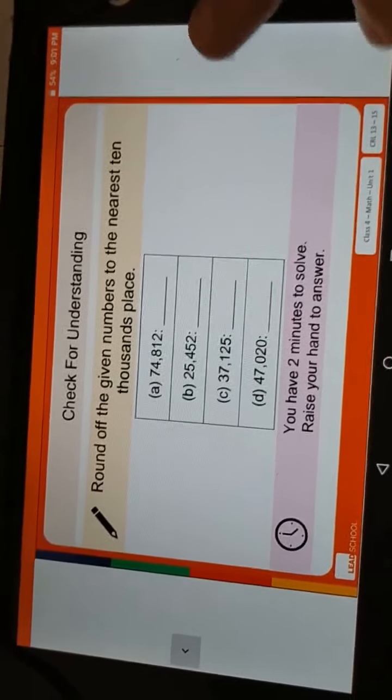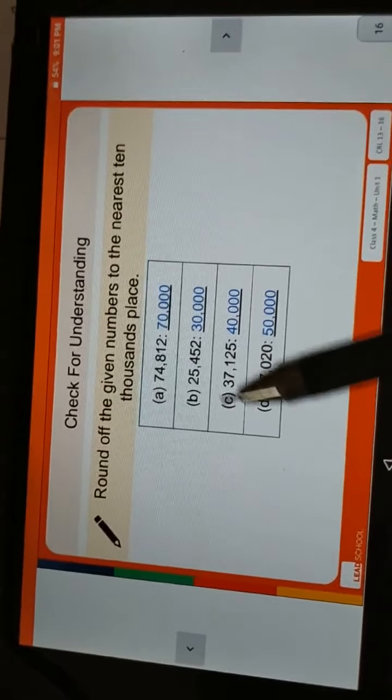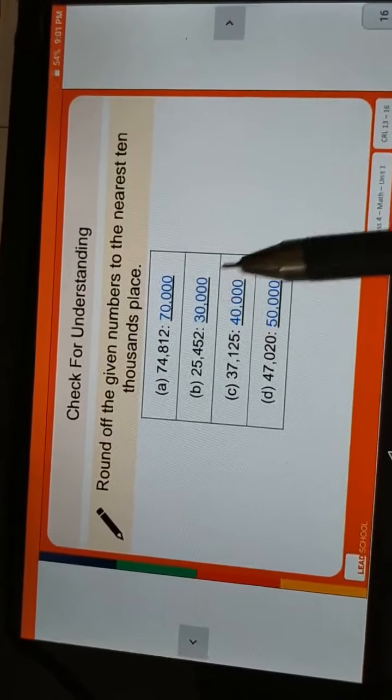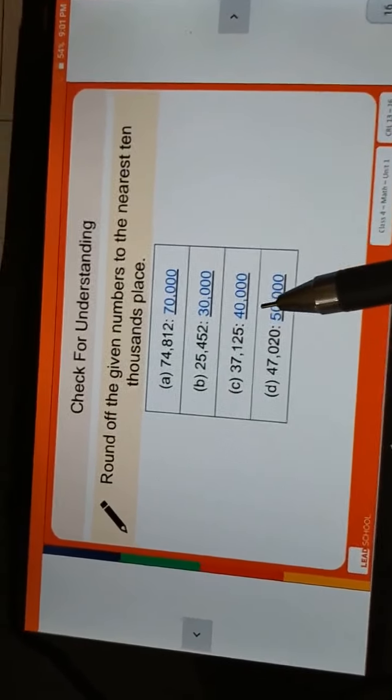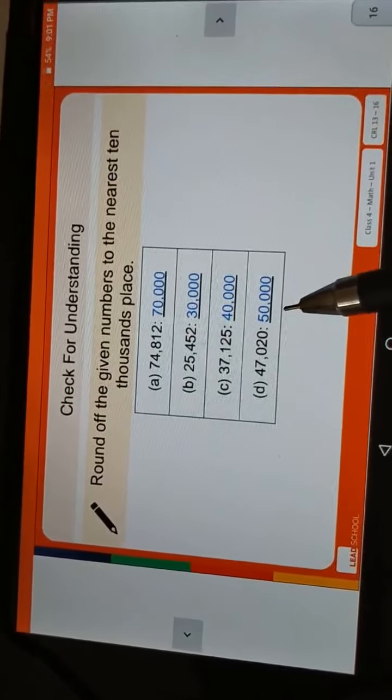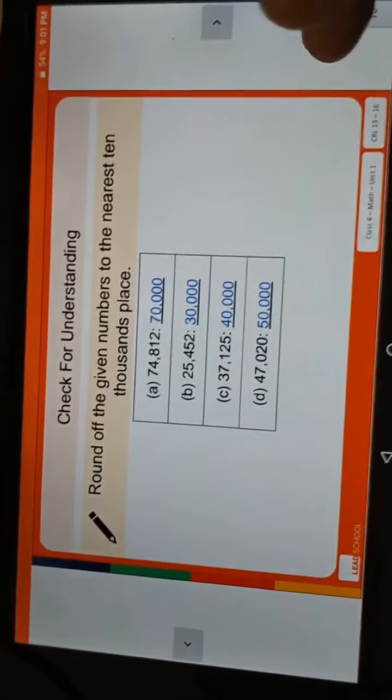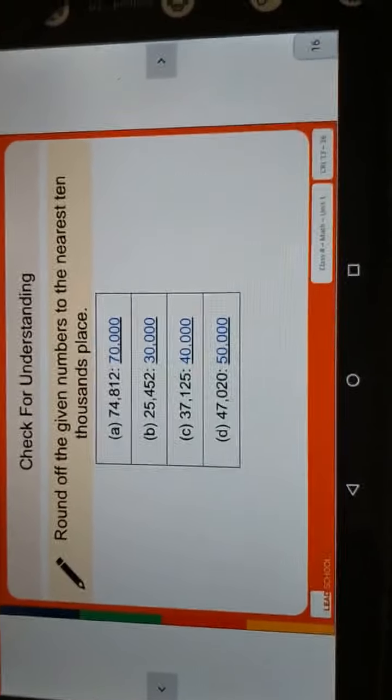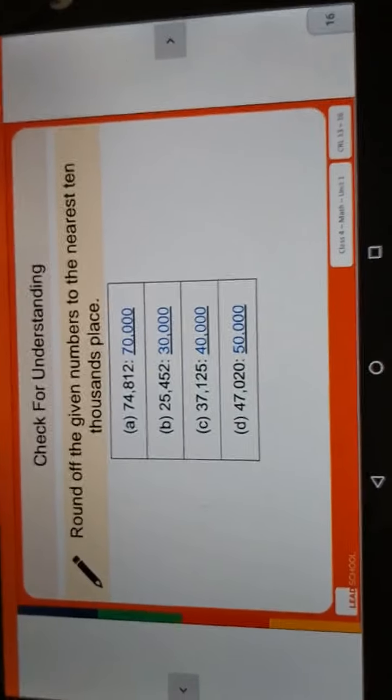Okay students, now we'll check the answers. The nearest are 17,000, 13,000, 14,000 and 15,000. This is the answer. I'll give you half a minute. You have to write this answer in your maths notebook.